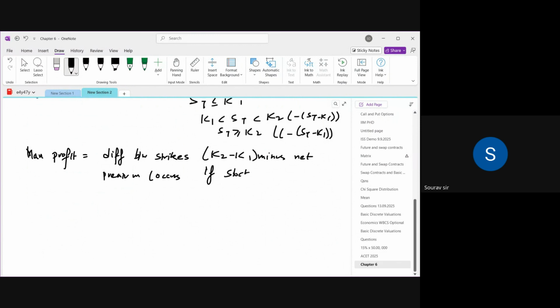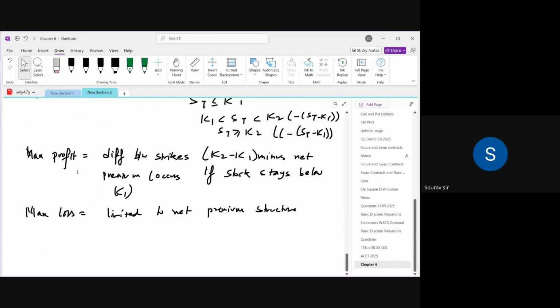If stock stays below K1. Okay, this is one. Maximum loss is limited to net premium, which occurs if stock rises above K2. The payoff diagram is flat at profit for low prices, which you can see. This is bear spread.